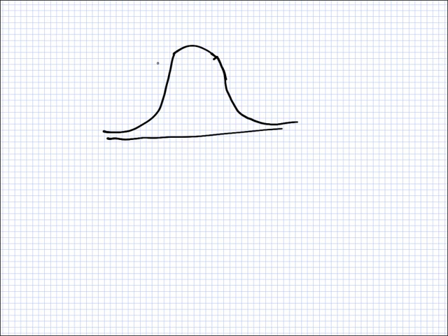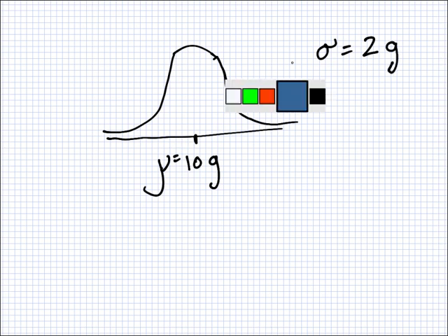So you measure them, and you notice that they have an average of, let's say, 10 grams. And let's say the standard deviation is 2 grams. And you would like to know how much of a chance there is that the weight will be between 6 and 7 grams.